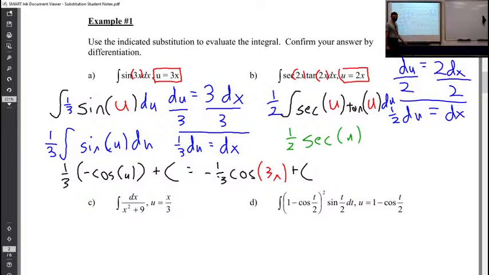Secant of u, but I'm going to put my answer back in terms of x instead of in terms of u. So that will equal 1/2 secant of, instead of u, we're going to put 2x, plus c.